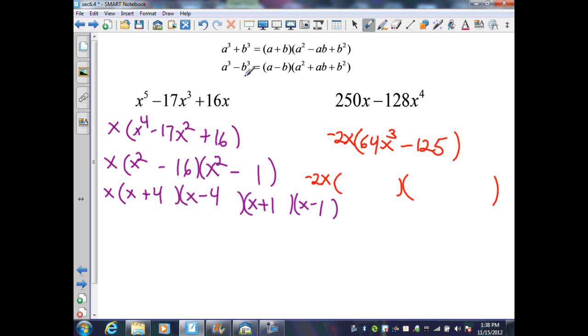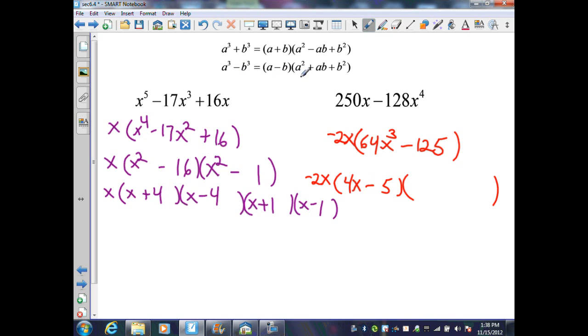Since I have difference of cubes, I have that format on the screen. I need a, which is the cube root of my first term, which is going to give me 4x. I need my b, which is the cube root of my last term, which is 5. And since it's difference of cubes, that's a minus sign.